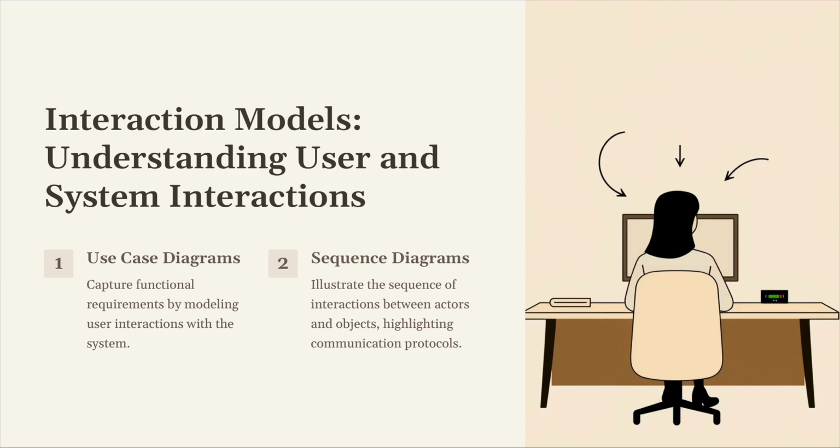The second one is sequence diagram. This shows the order of interaction between users and system components. For instance, they can illustrate how a user logs in by sending a request, receiving a confirmation, and accessing the system. Together, these models help define and visualize how a system behaves in different scenarios.